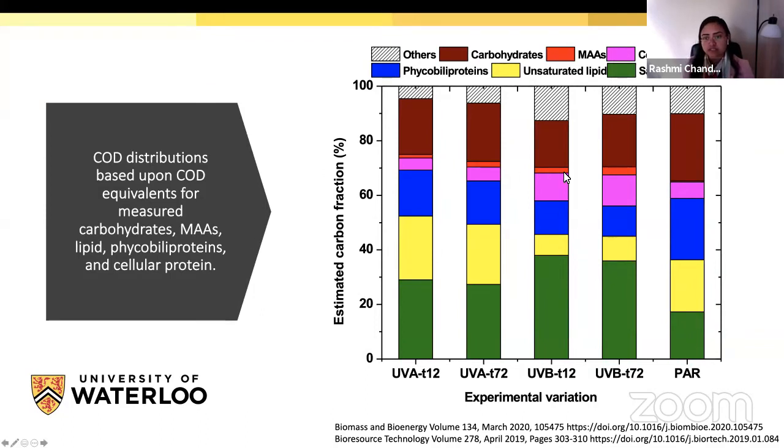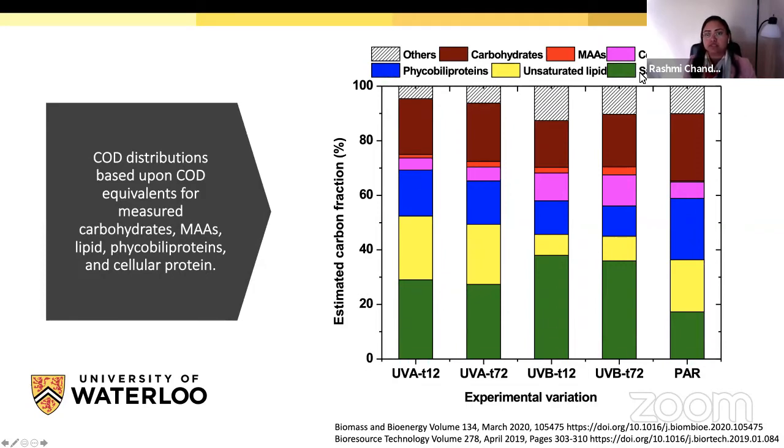Here, one is a dark red carbohydrate and one is red MAAs, with very slight variation. MAAs are an important component because they are pharmaceutically active compounds, and their minute concentrations also play a major role. But the saturated lipids are the major content of UVB radiation. Slightly, the cellular proteins were also high in UVB but lower in UVA.